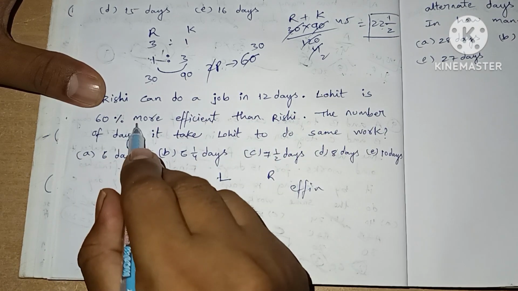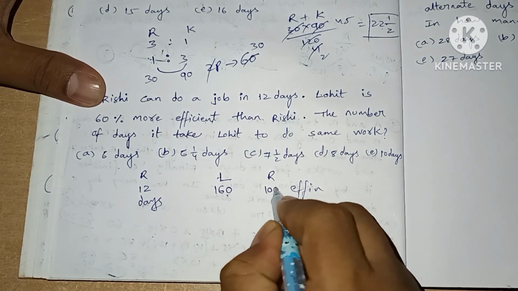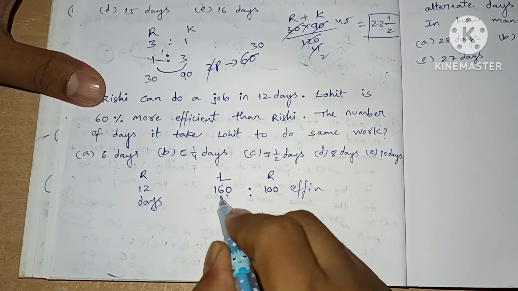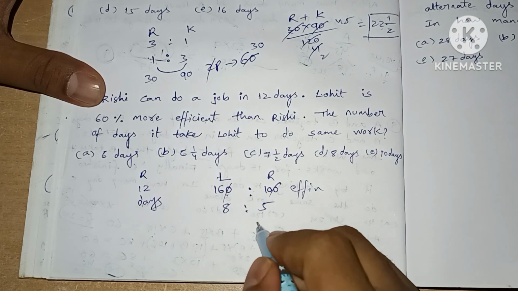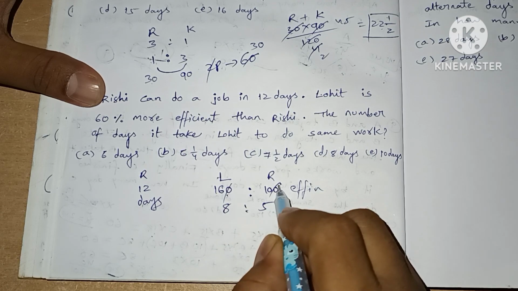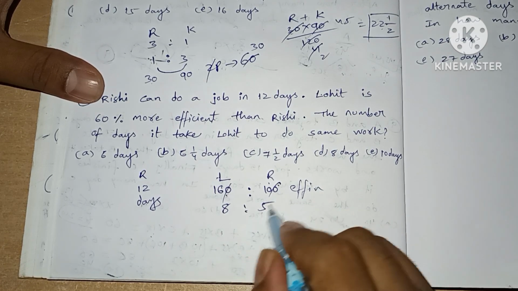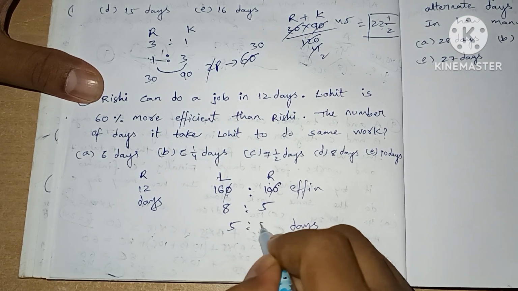Lohit is 60% more, so we take this as 160 and this is 100. These are the efficiencies. So the ratio of Lohit and Rishi is 8 is to 5. Now if it is efficiencies, then the days ratio is 5 is to 8.